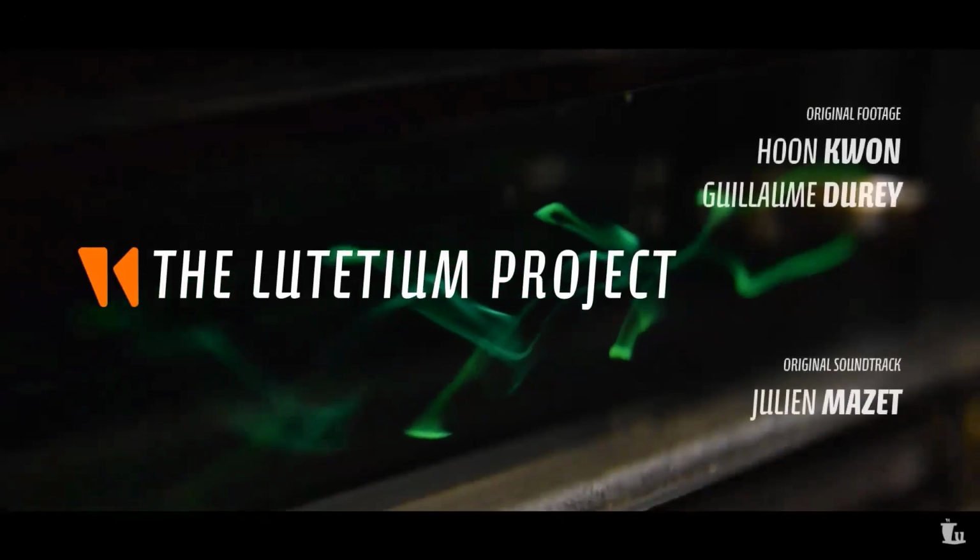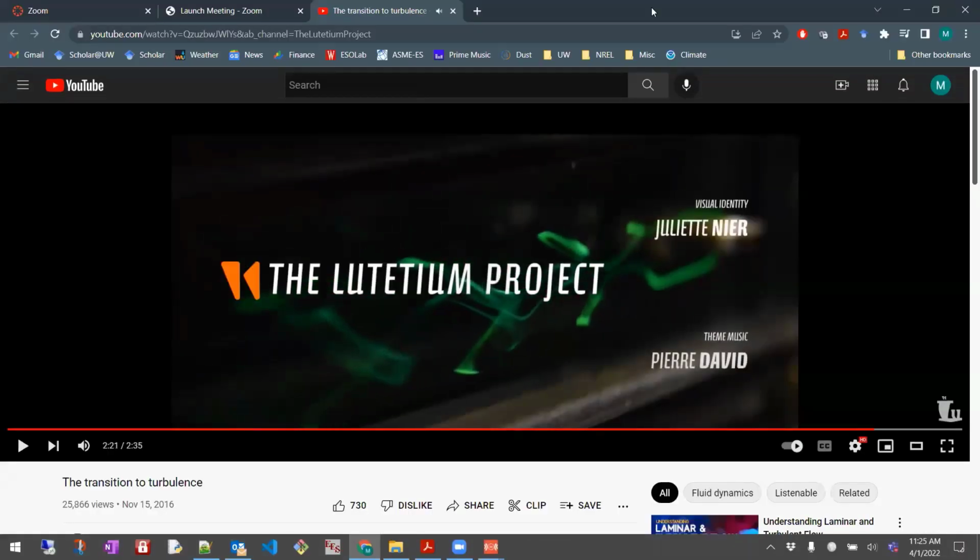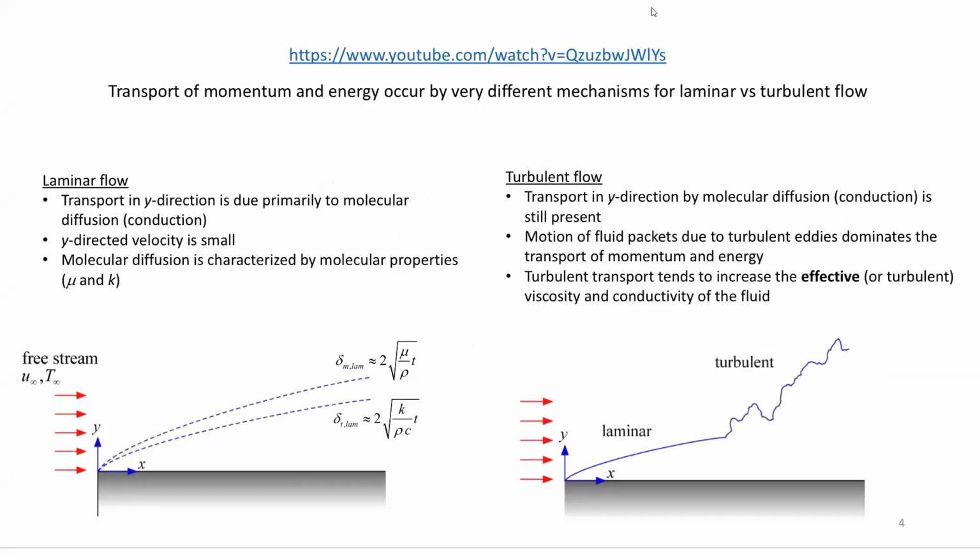So one of the things that you can pick out from that is that if we're talking about energy transport and momentum transport, if you're limited to molecular processes, that is, the transport of energy and momentum has to do with adjacent atoms or molecules bumping up against each other and transferring that momentum, that process is a lot slower.